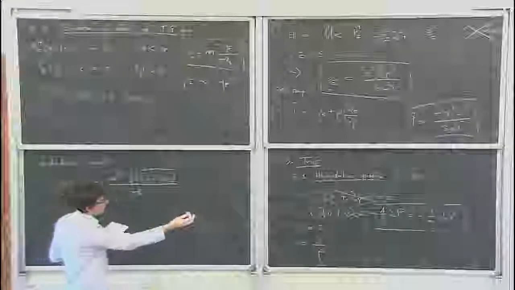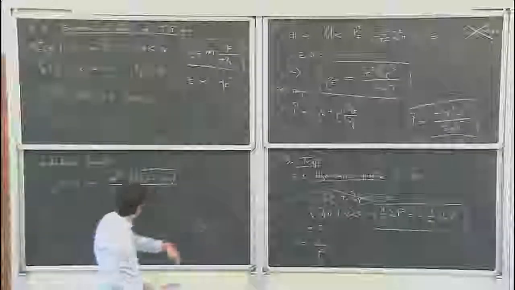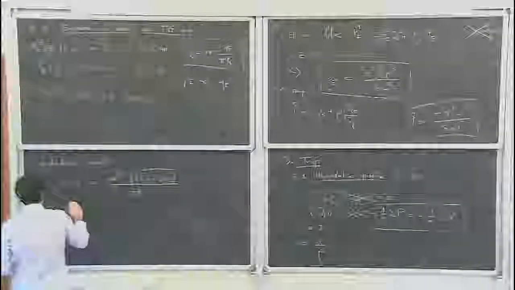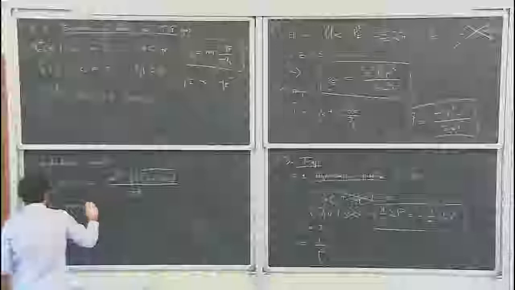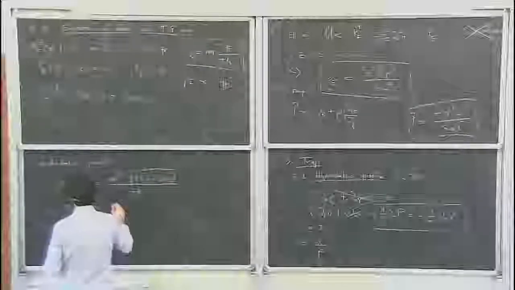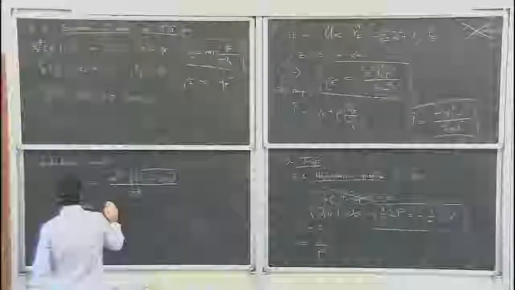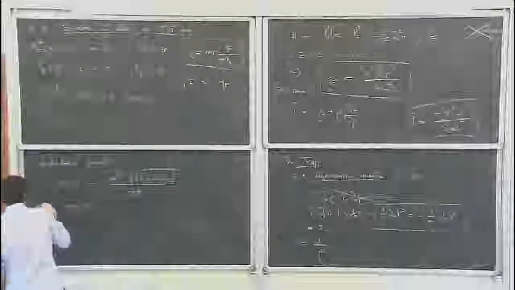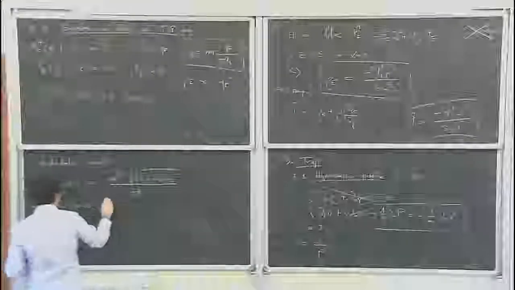Because there are several solutions, which are parameterized by mu. So mu is a parameter that you can adjust, which is of course nothing but the chemical potential.